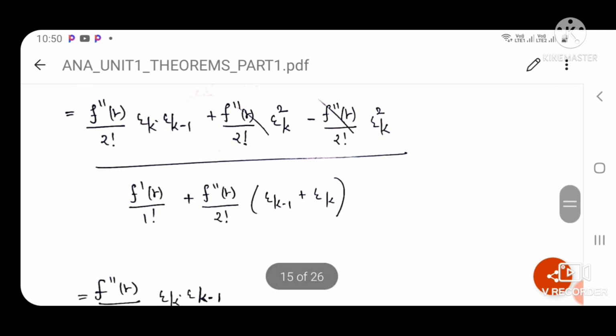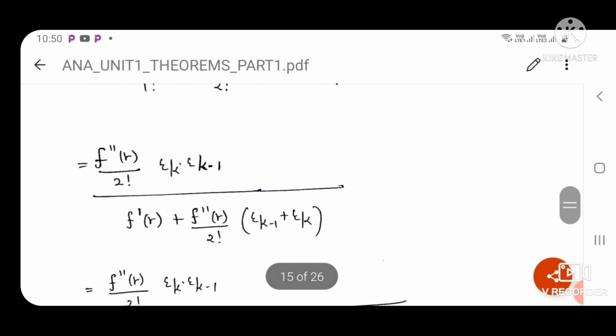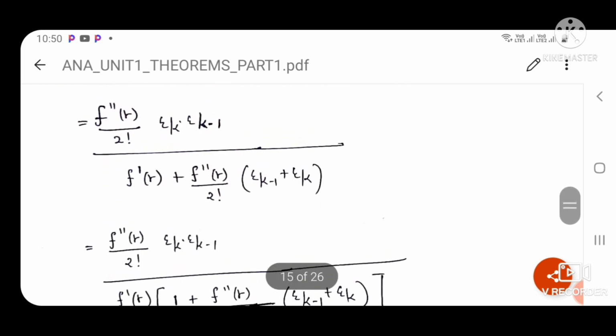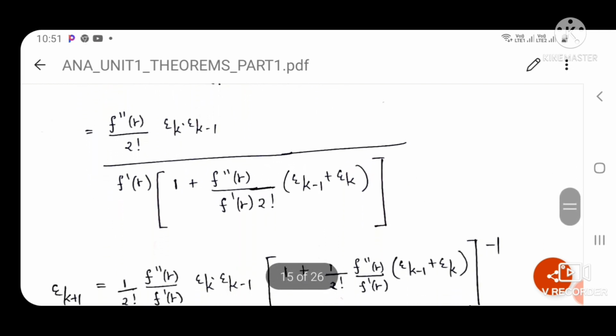Now what happens in the next step is we're taking f dash of r from the numerator as a common factor outside the terms in the denominator. By doing that, you can see we obtain this particular term with f dash of r with a product of 1 plus f double dash of r by f dash of r into 2 factorial into epsilon k minus 1 plus epsilon k. It's obvious.